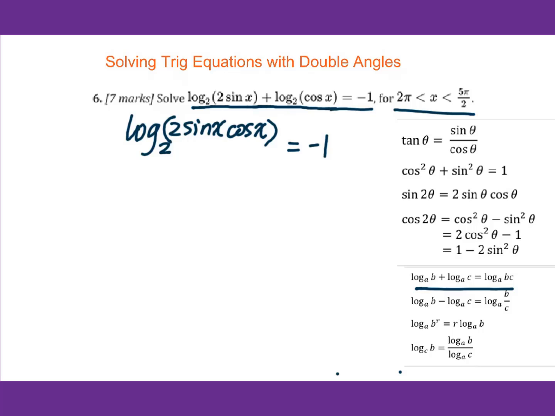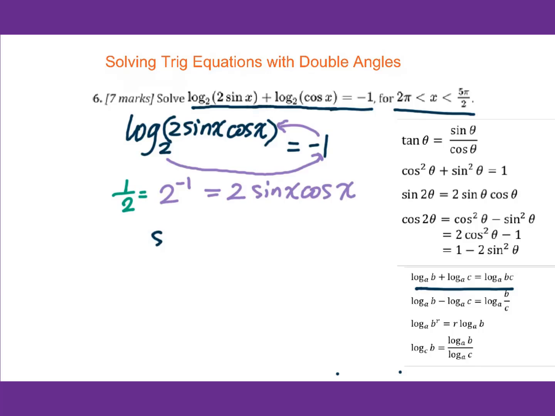And you need to change this log into an exponential function. So you have 2 to the negative first power equals 2 sin x cosine x. For 2 to the negative first power, that is 1 over 2.